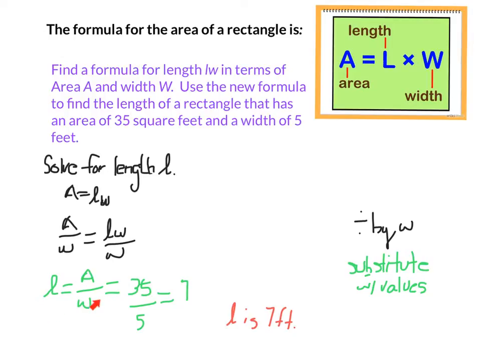We end up with L equals A over W. We plug in the 35 square feet. It says the length of a rectangle that has an area of 35 square feet and a width of 5 feet. We divide that out. That equals 7, and so L equals 7 feet. And then we'll use that formula to solve the next part of it.